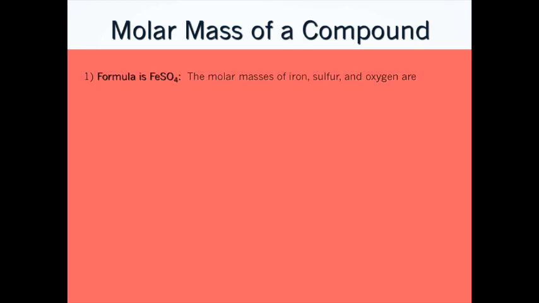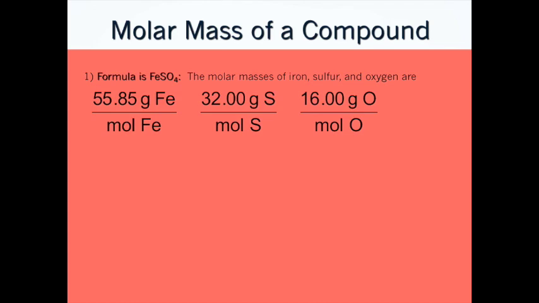So, the formula is FeSO4, and the molar masses of iron, sulfur, and oxygen are 55.85 grams of iron per mole, 32.00 grams of sulfur per mole, and 16 grams of oxygen per mole. Then we multiply each molar mass by its subscript.